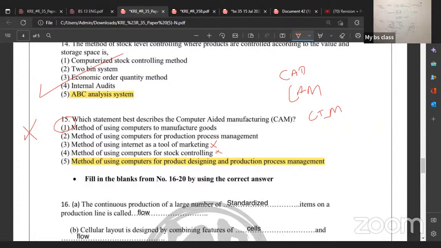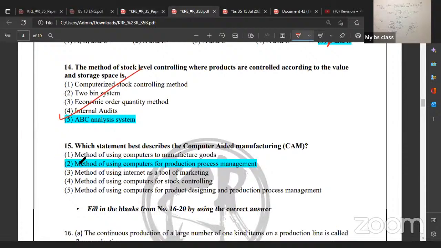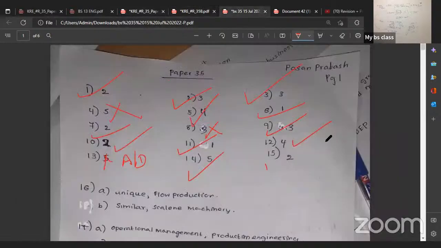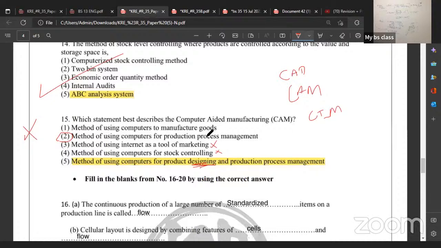Yes, of options 1 and 2, sorry, not the first one, the second one. So with production process management you are not into design. So for 15, we're going to go with option number 2. It's not designing; designing is in CAD. The designing plus managing the production process come together, so you have to go with that.